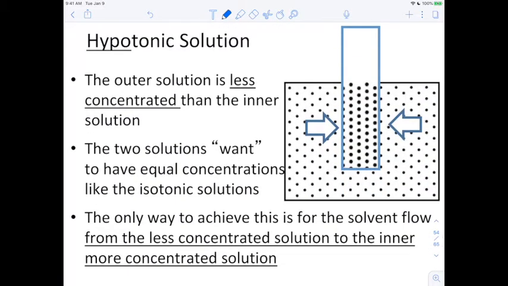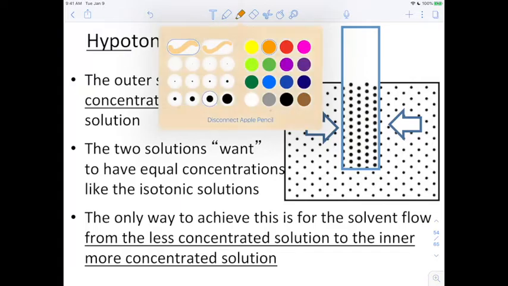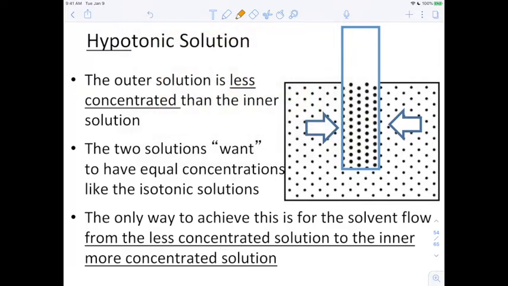Next up, we have a hypotonic solution. So this is when the outer solution is less concentrated than the inner solution. So earlier I told you that the way we have our solvent flowing will always be from less concentrated to more concentrated. In terms of a hypotonic solution, what that means is your solution is going to flow inwards.